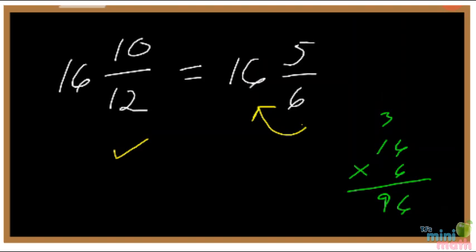Then we add 5 to 96. So again, 6 times 16 is 96, and 96 plus 5, you will get 101 over 6. So this is our final answer.